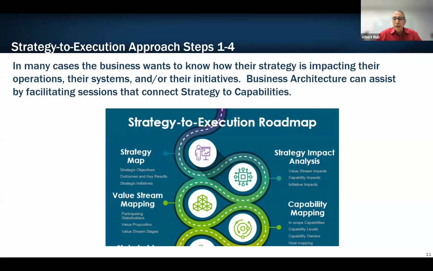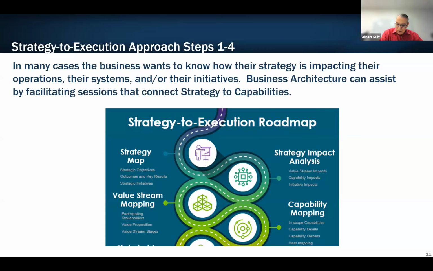Here at USAA, we focus a lot on processes and customer journeys. And so we may also be aligning our value stream map, either value streams or what we call common value streams or value stream scenarios, to those processes or to those capabilities.